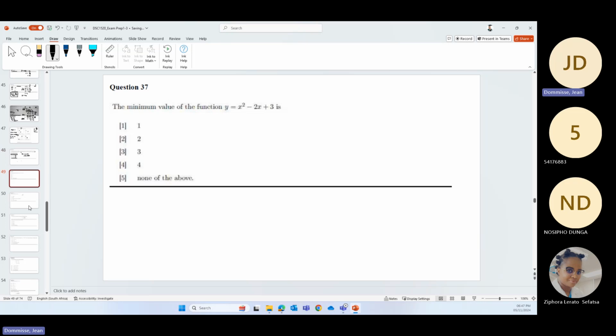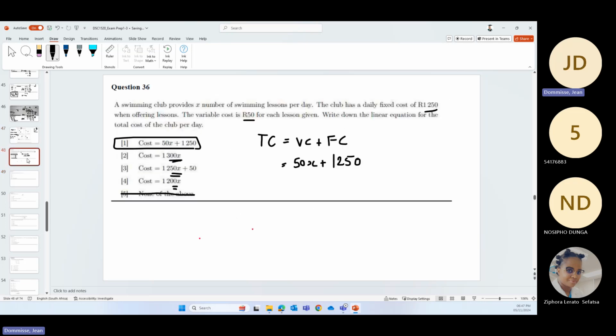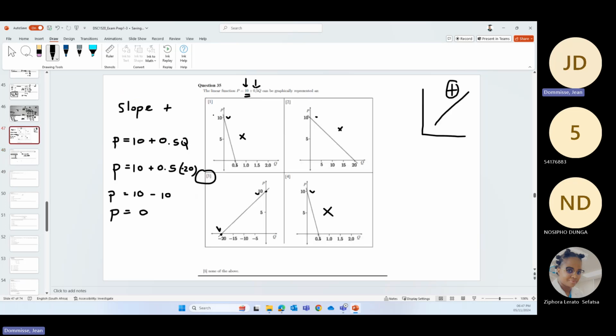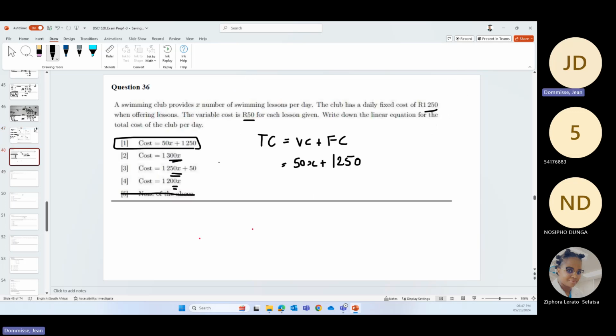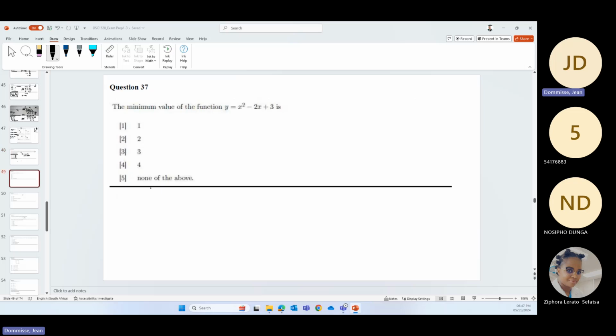So now, and this is all from the same paper nearly, you can see there was a bit of P and Q, so price and quantity, when you're going into the cost, and then you go into the minimum value of a function.